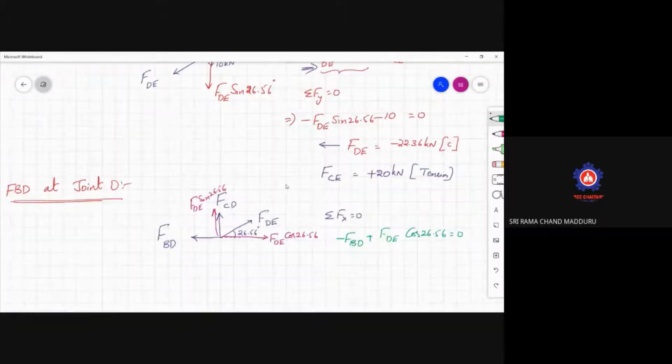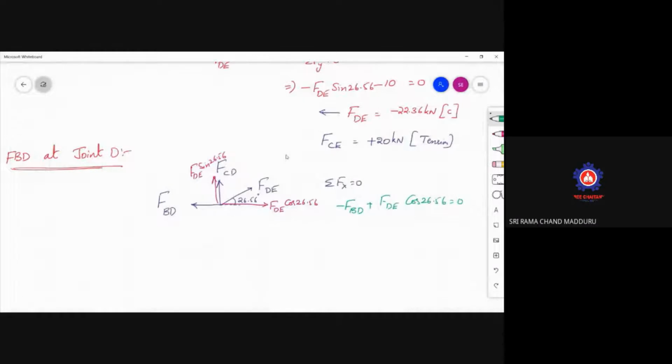Your FDE force is nothing but minus 22.36. So minus FBD minus 22.36 cos 26.56 is equal to 0. You get the value of FBD, which is nothing but minus 20 kilonewtons under compression.